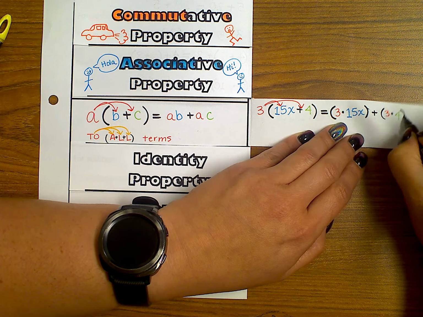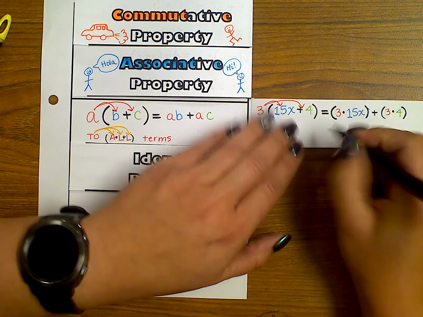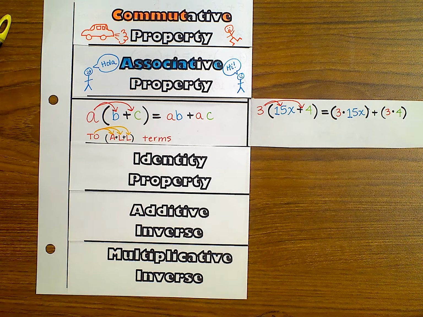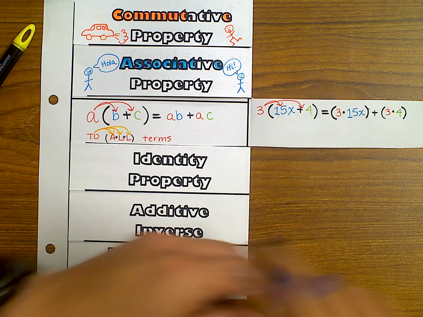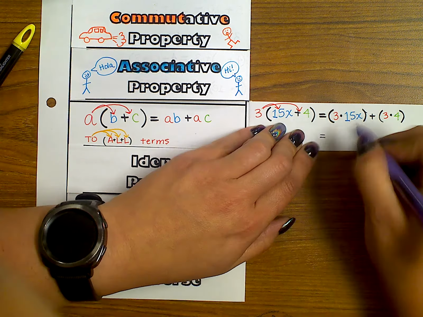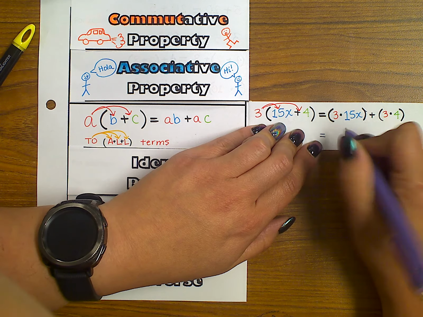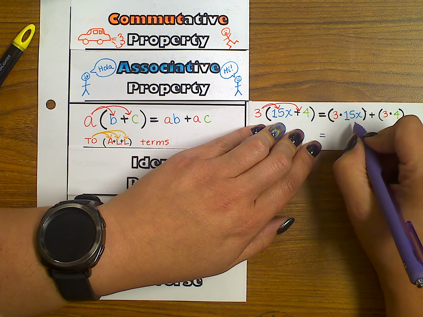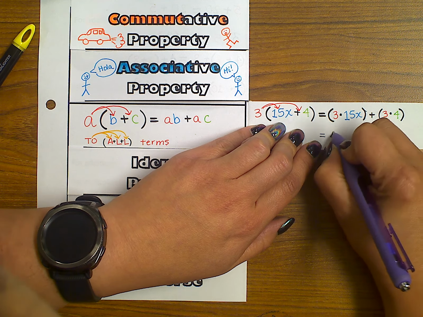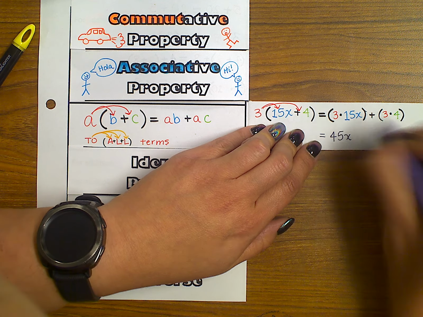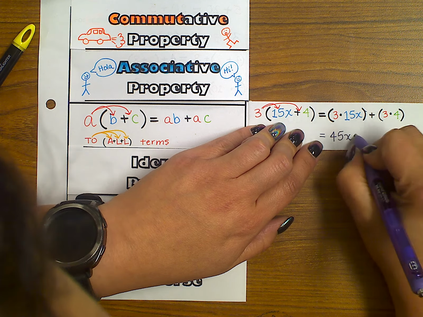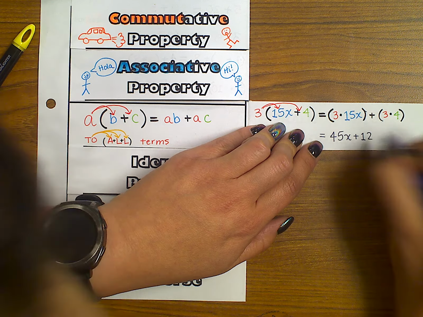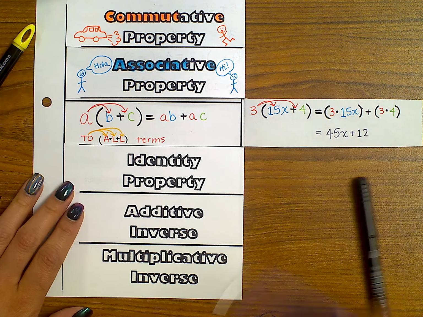Okay, that's fairly simple. So that should give me 3 times 15. Well, I know 2 times 15, that's 30. Add another 15, that's 45x plus 12. Beautiful. Let's go ahead and move on.